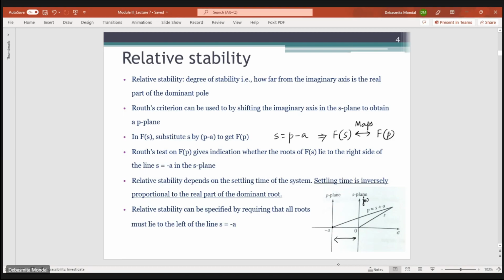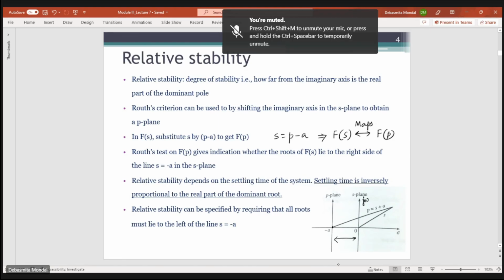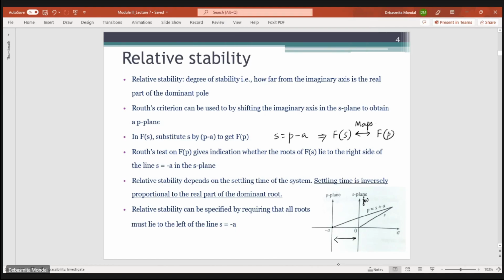Right half of the p-plane means the system will go to instability. Okay, so then the relative stability can be found out depending on whether the roots of F(p) are lying on the right half of this line, s equals minus a.